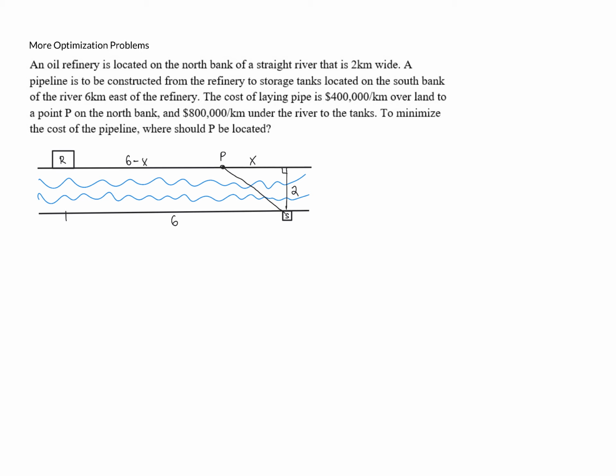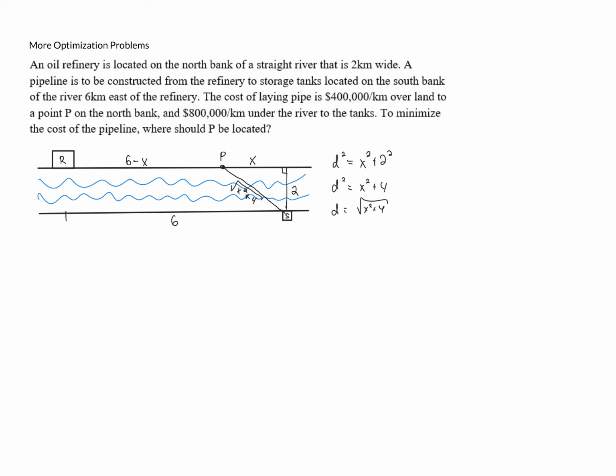If the legs of this triangle are 2 and x, and we need to know that distance, then d squared equals x squared plus 2 squared. That's the same as x squared plus 4. And if we take the square root, that gives us the distance as the square root of x squared plus 4, based off of whatever we choose for x.